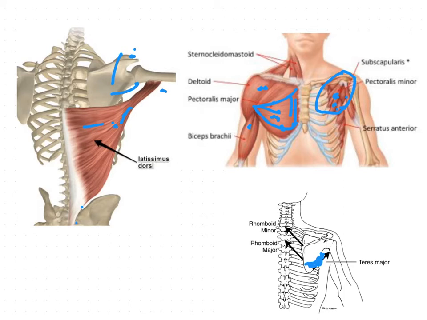This teres major muscle has the same function as the latissimus dorsi. What is the function of the latissimus dorsi? It adducts, extends and medially rotates the humerus. The same function is also performed by the teres major.